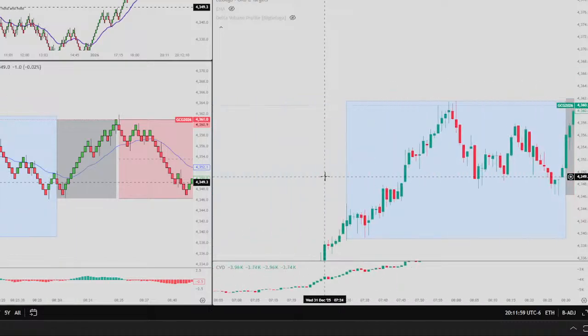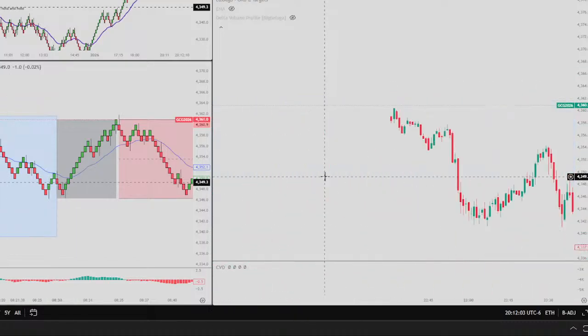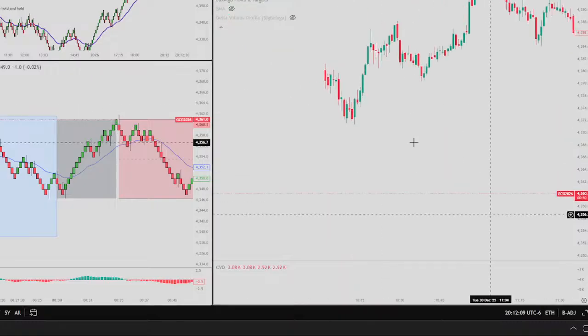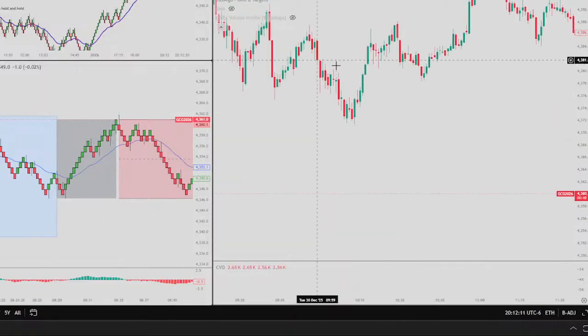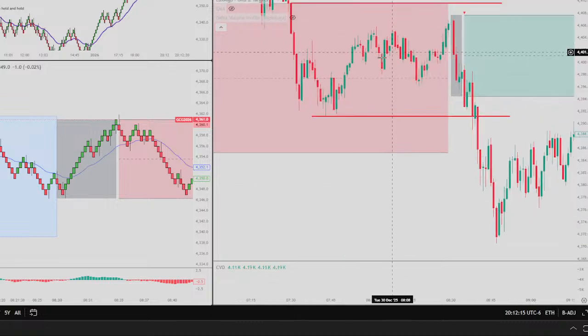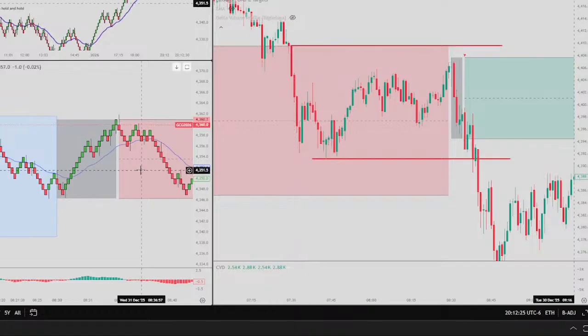So let's go to another day, because you can't just look at one day. But again, this is something we're doing in real time, because as you go back in time, it starts to become even more unreliable, at least over here on Renko. So I kind of drew out the levels already. So yep, this was the low of the pre-market and the high of the pre-market.